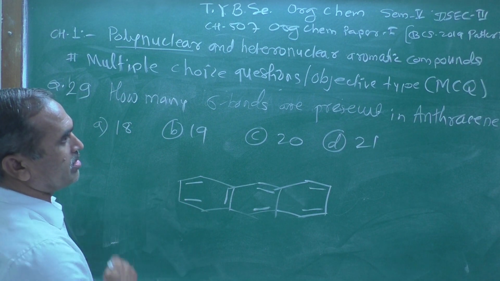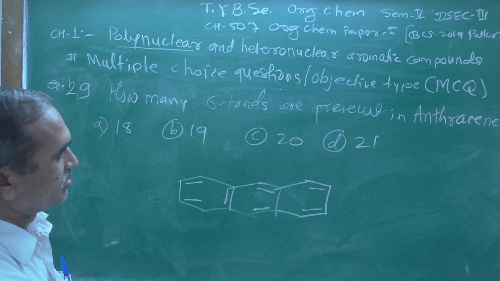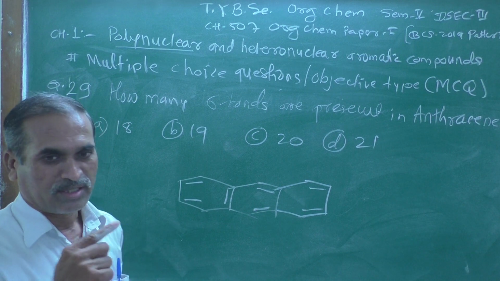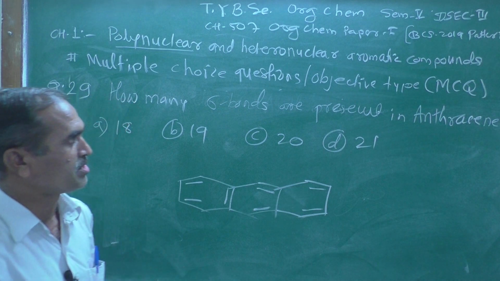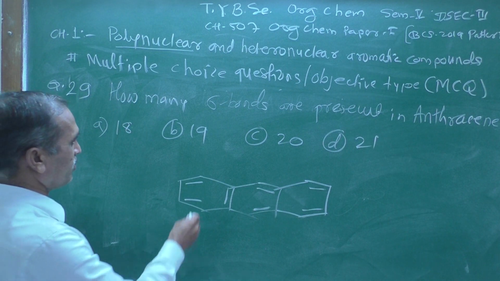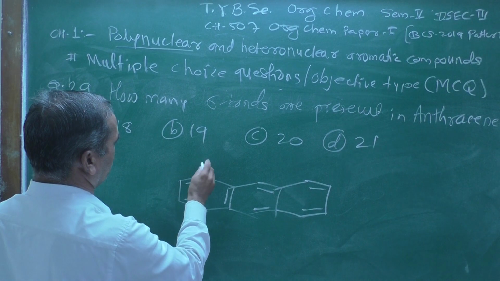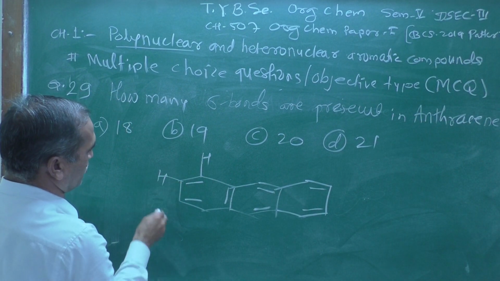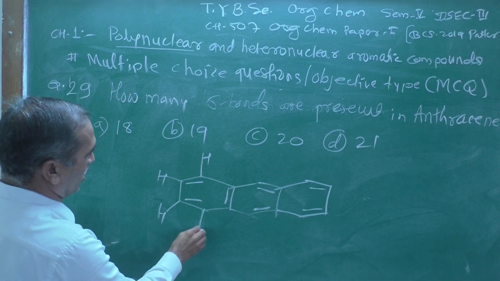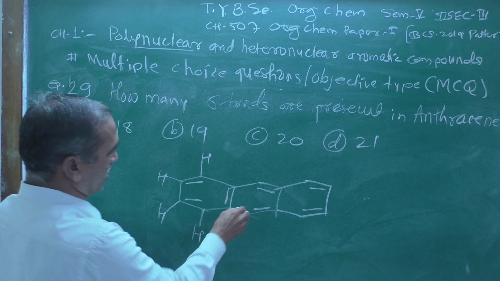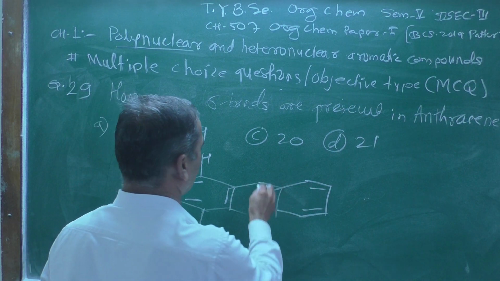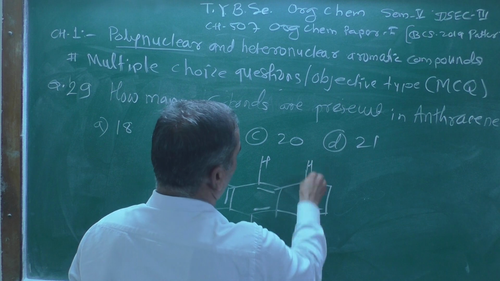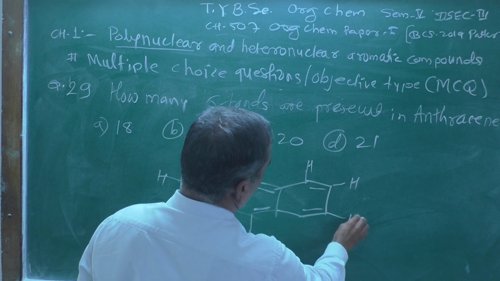Specifically we are talking here about the hydrocarbon. Hydrocarbon means the organic compound which is made by carbon and hydrogen, and therefore it is known as a hydrocarbon. Every corner has a hydrogen atom except the middle ones, because they are already having 4 bonds, and therefore there will be no hydrogen atoms.